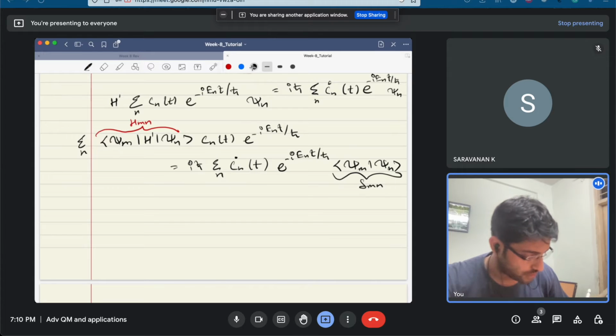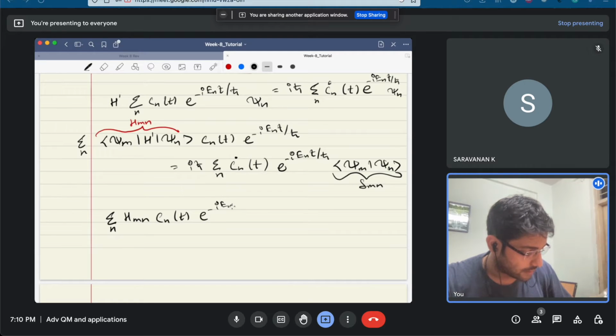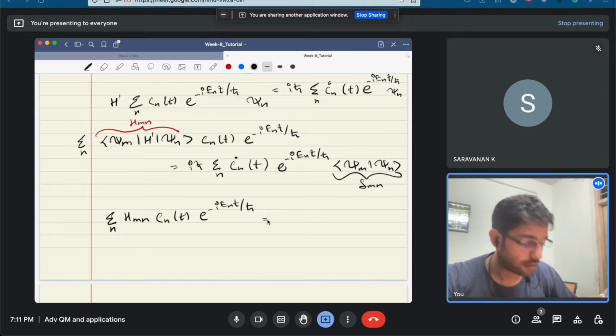So what you essentially get here is summation over n HMN Cn of t e to the power I En t by h bar. Now on the other side the summation over n goes off because of the delta function, so it becomes m everywhere, e to the power minus I Em t by h bar.